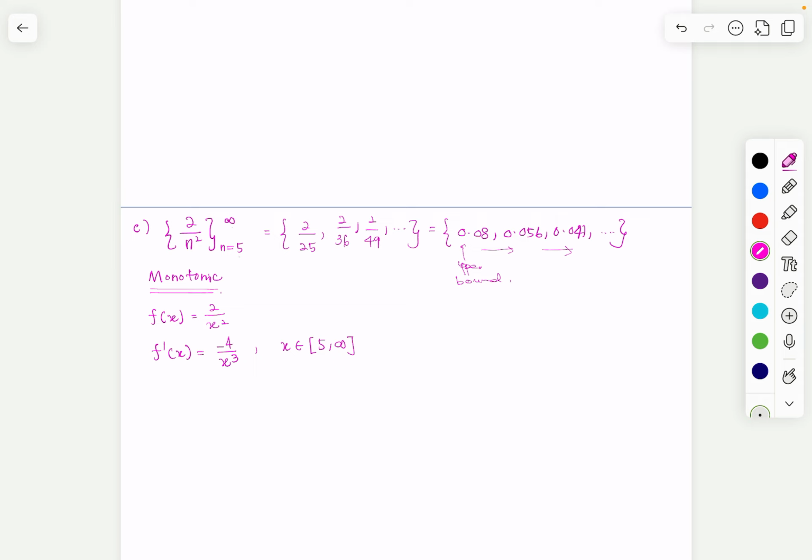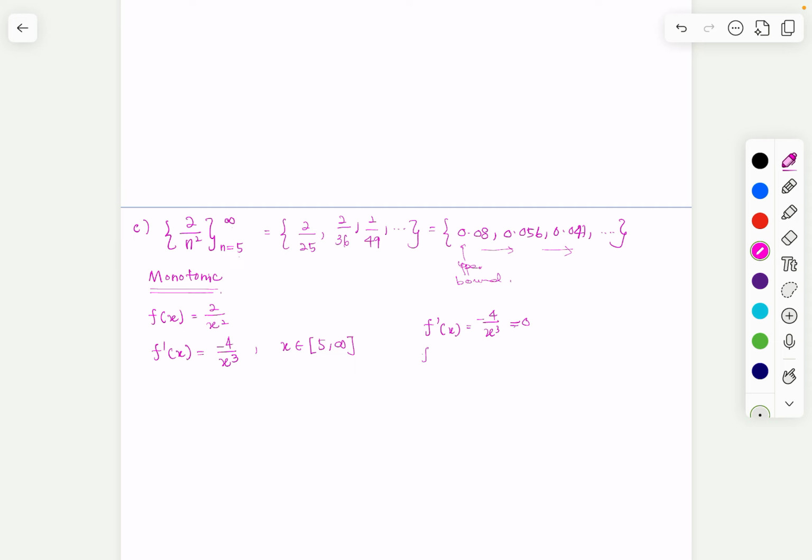Okay, you may want to check if there is a critical point for this function. To check the critical point, I let the first derivative, negative 4 over x cubed, equal to 0. From this one, you don't get any solution.